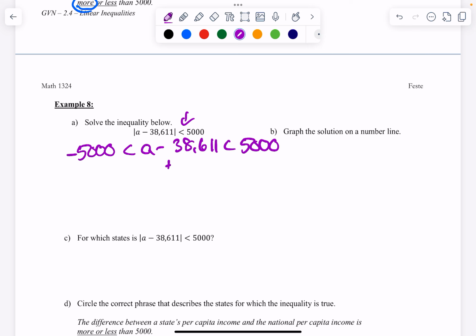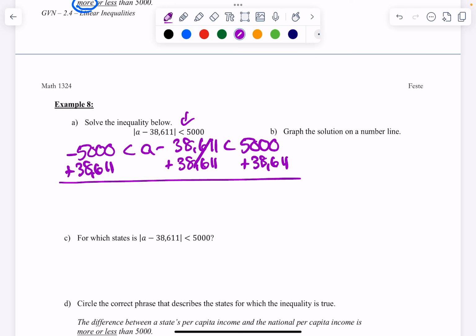We're going to add, again, the 38,611 here. These cancel out, and we get the same numbers that we had, but the inequality looks different.